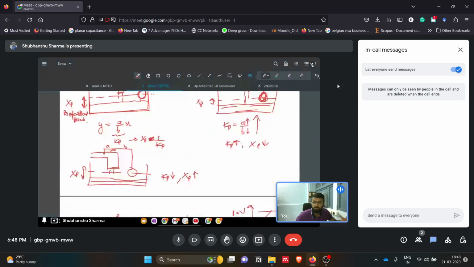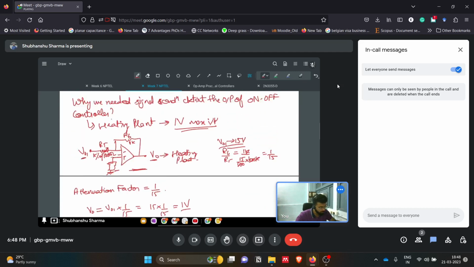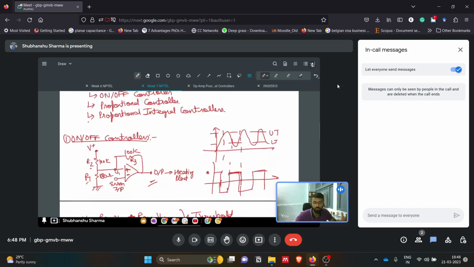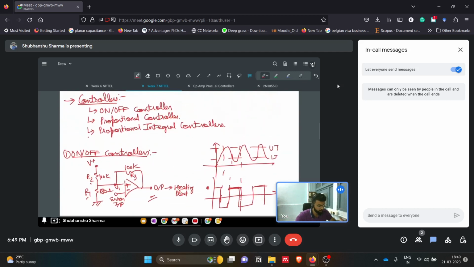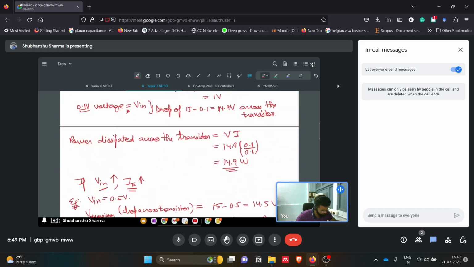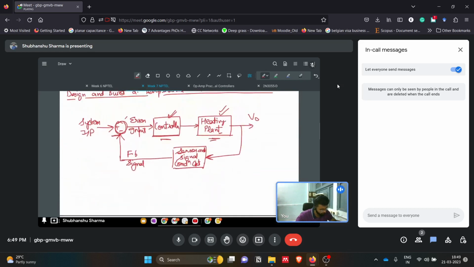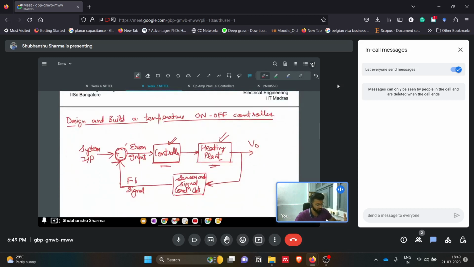Then we saw the simulations also in Multisim, that online simulator, and we also saw the realization of this using the PCB board. So all in all, today we wanted to design, starting from week 6, a temperature on off controller.